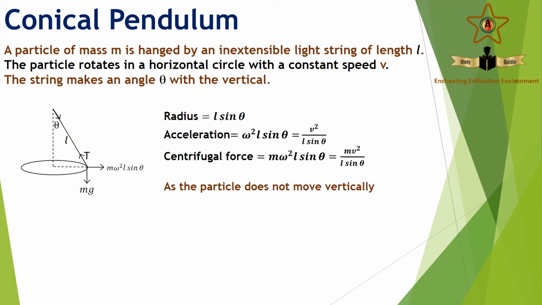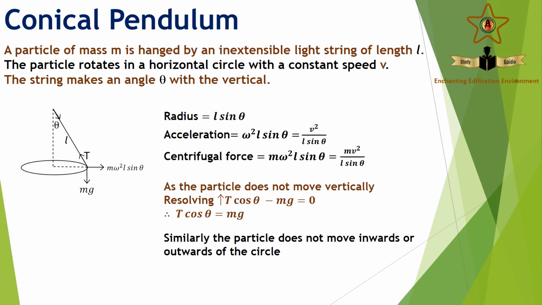Now we know this particle does not move vertically, that is, the particle does not go up or down. Therefore, all forces resolved upward should become 0. So now we get T cos theta minus mg equals 0. T is equal to mg over cos theta, or T cos theta is equal to mg. Similarly, the particle does not move inward or outward of the circle.